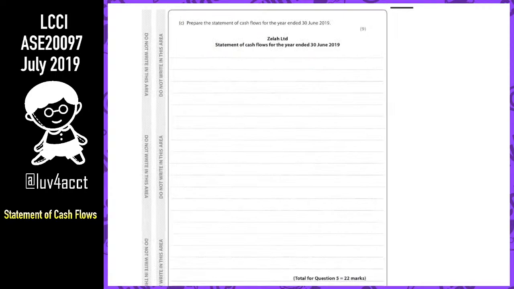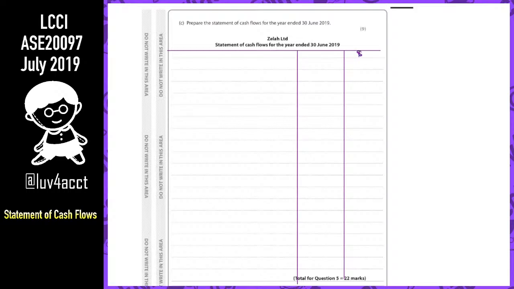Okay, here. $58695 net cash from operating activities. Okay, so next we have cash flows from investing activities.